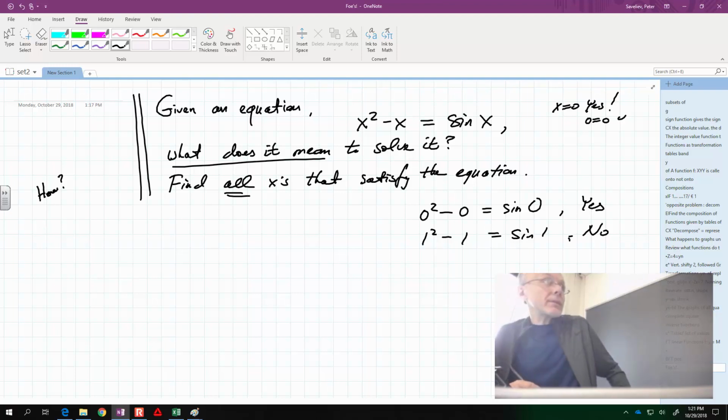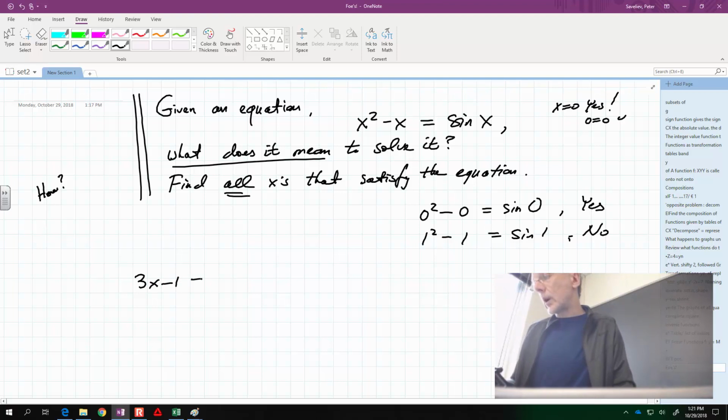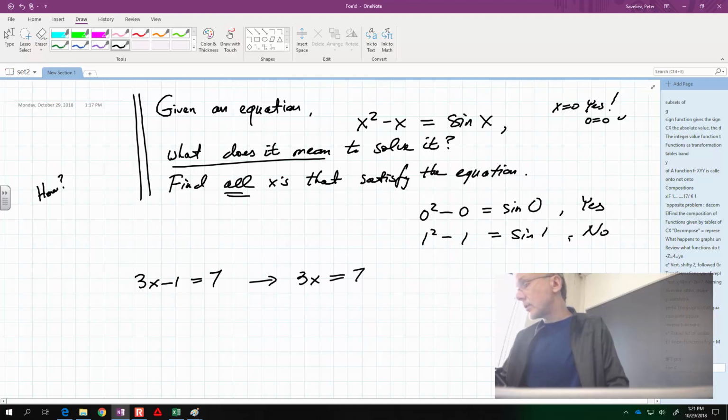The rest of them are just shortcuts, so you don't have to test infinitely many numbers by plugging them in and testing. So then you have better ways of solving those equations. At its simplest, it is straightforward algebra, like 3x minus 1 is equal to 7. You just do algebraic transformations, which deserves separate discussion.